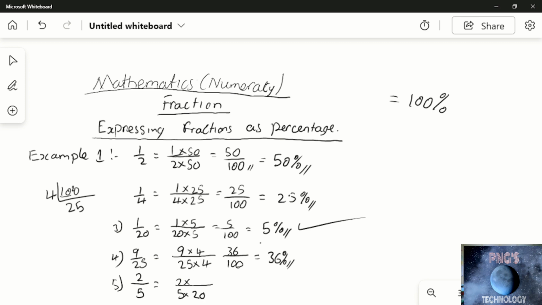So times 20, we say also here times 20. So 2 times 20 is 40, and 5 times 20 is 100. So we have our final answer. The numerator is 40. So 40 is the answer in percentage, and that's correct. Let's see some other way we can go about it.